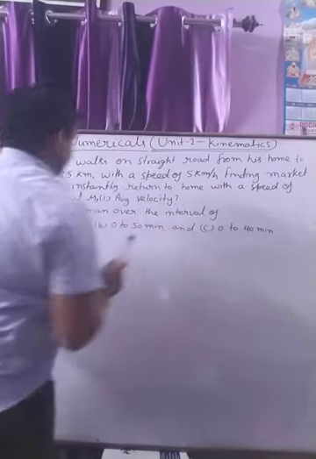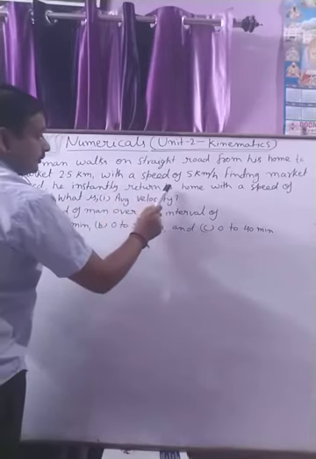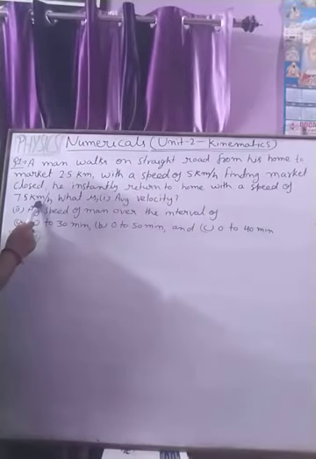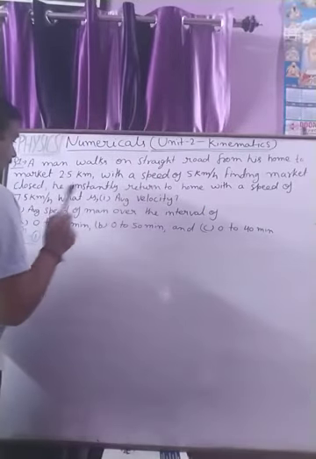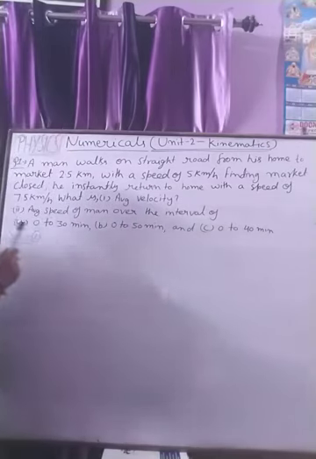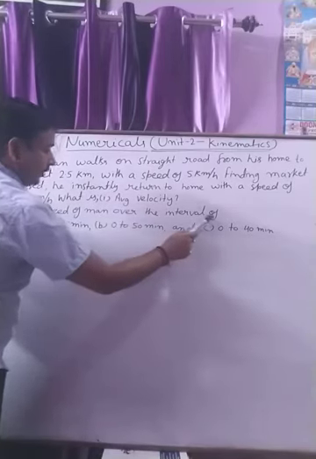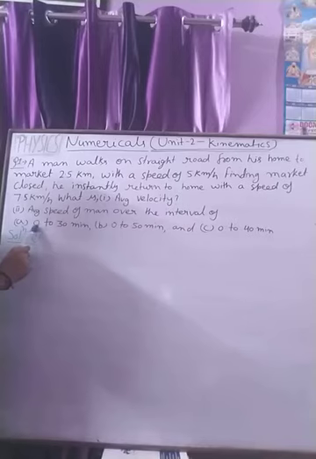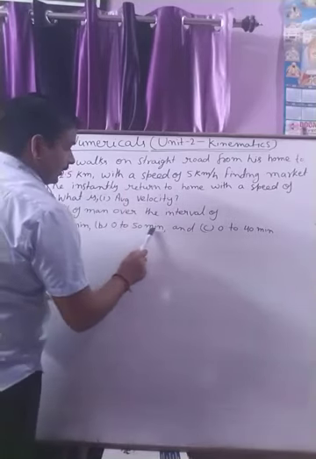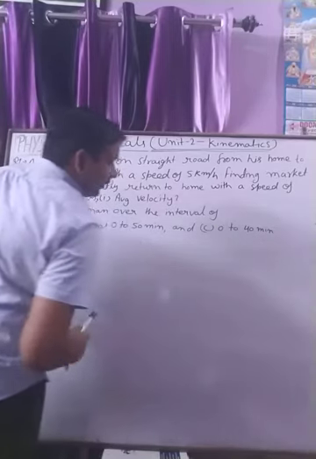Finding the market closed, he instantly returned home with a speed of 7.5 kilometer per hour. We need to calculate first the average velocity of the man, and second the average speed of the man over the time intervals of 0 to 30 minutes, 0 to 50 minutes and 0 to 40 minutes.